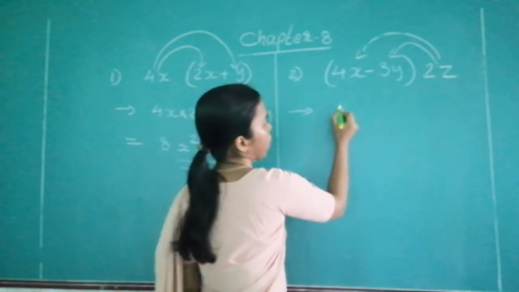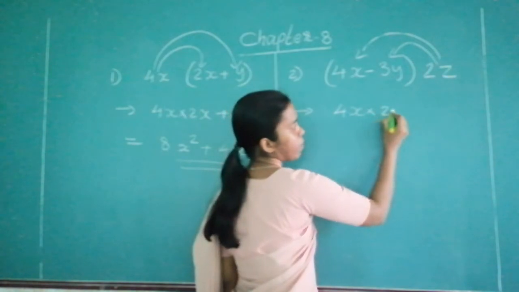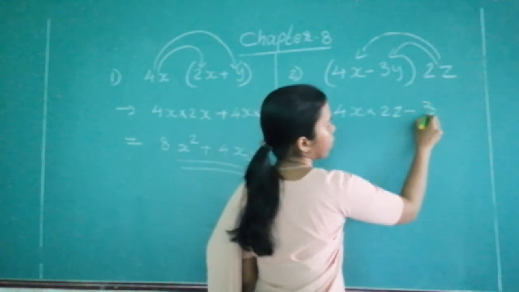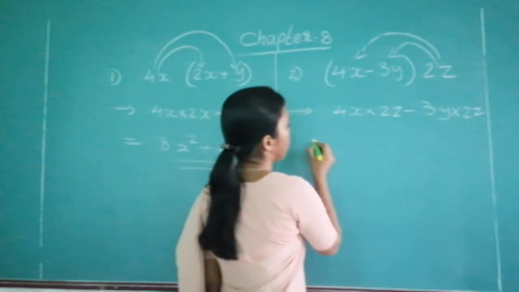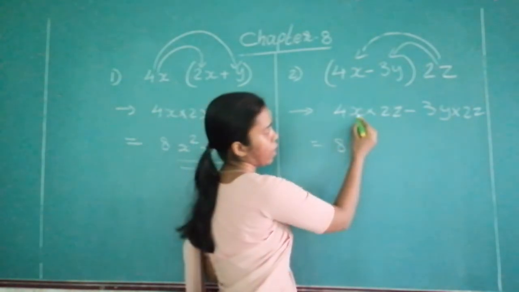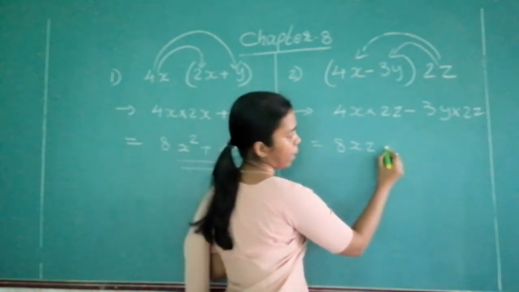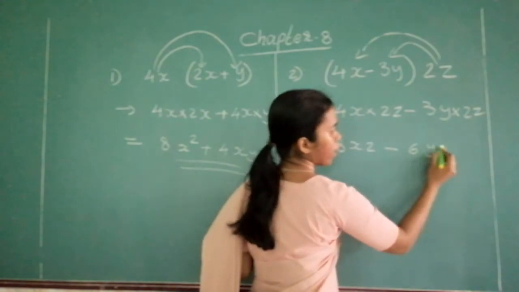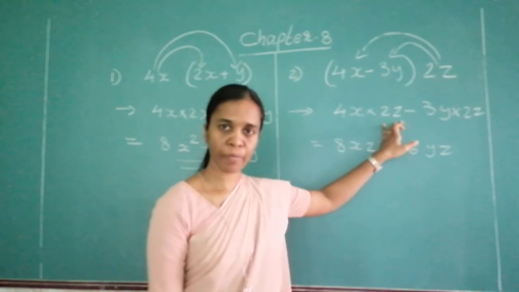So you first multiply 4x multiplied by 2z, minus, what is the next term? 3y multiplied by 2z is equal to, multiply the numbers, 2 4s are 8, x and z, minus 3 2s are 6, y, z.